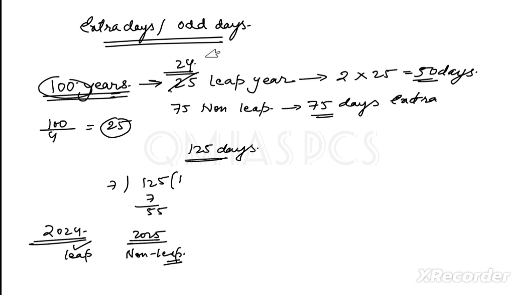So it will be 24, and here 48, and this one will be 76 non-leap years. So here is 76. Okay, so how many extra days will there be? 76 plus 48.